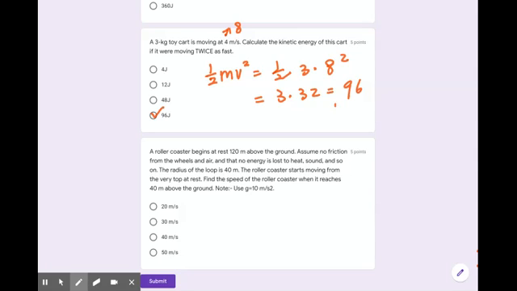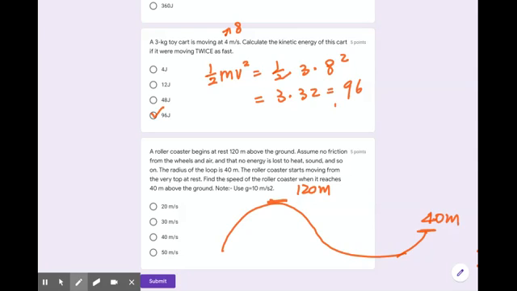So, remember, we have a roller coaster. Okay? So, if the roller coaster starts here, which is 120 meters, and then goes down and up and reaches here, which is 40 meters.